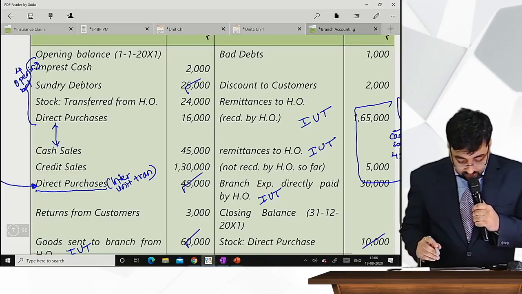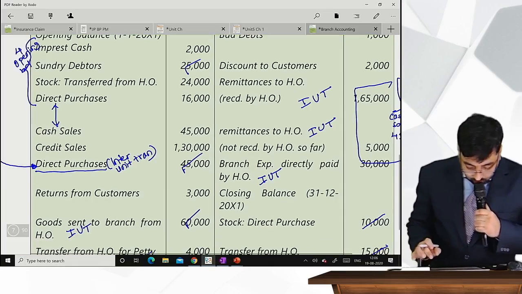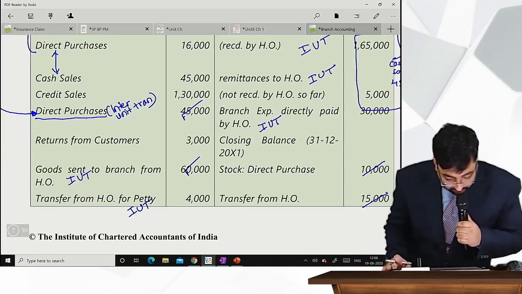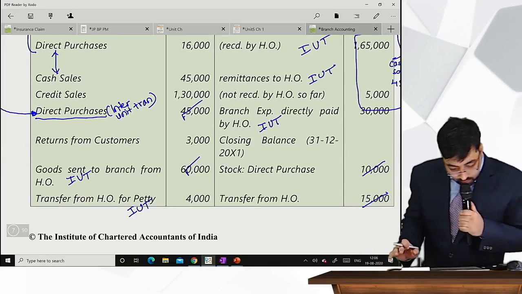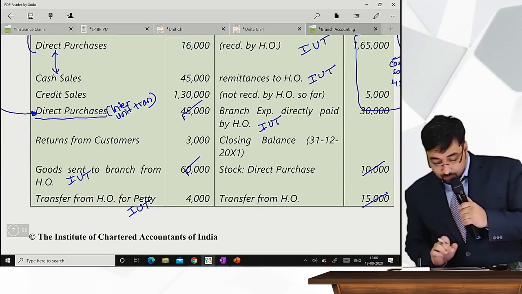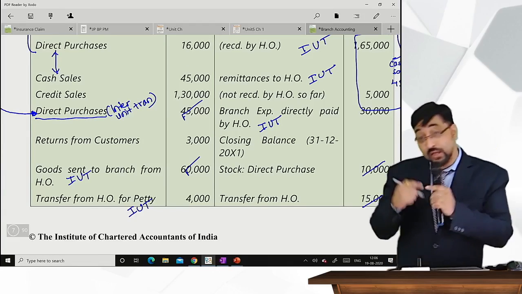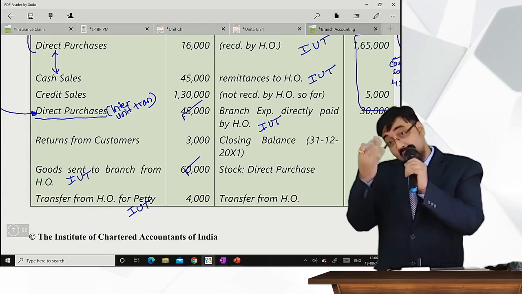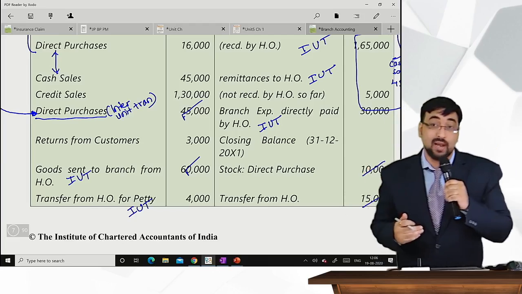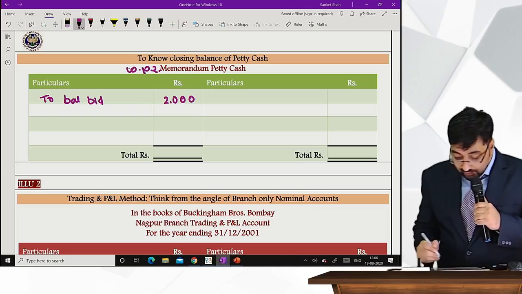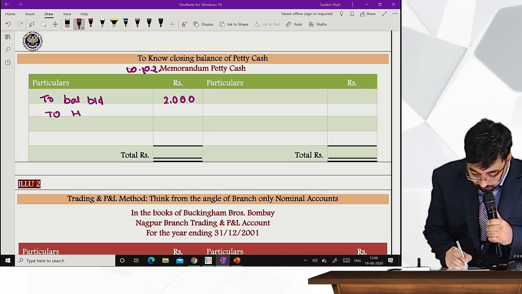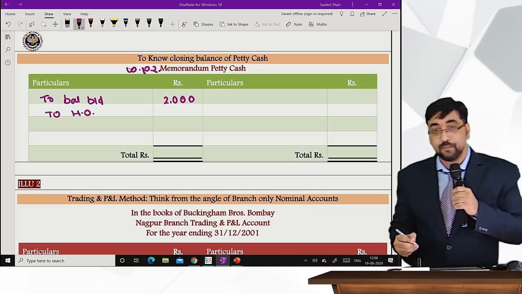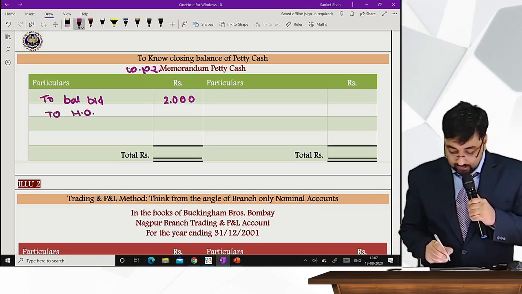Next transaction: sundry debtors, stock, no. Direct purchase, no. Cash sales, no. Credit sales, no. Return from customer, no. Transfer from HO for petty cash, yes. Now we have to think from the angle of branch. Cash is received, so branch will pass entry: petty cash account debit to HO. So what is the amount? 4,000. Very good.